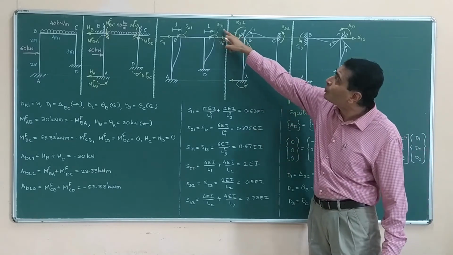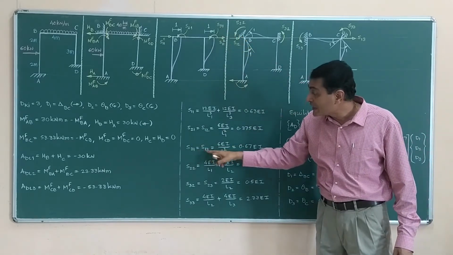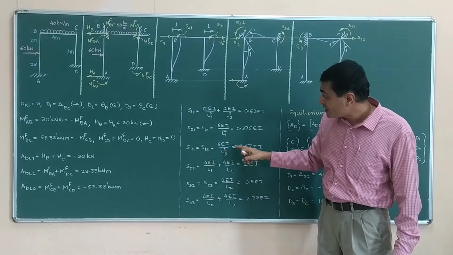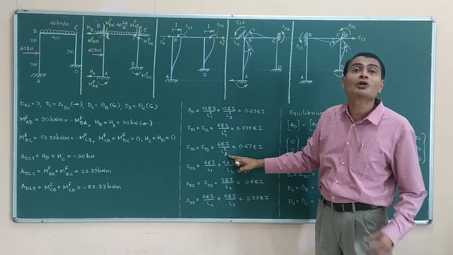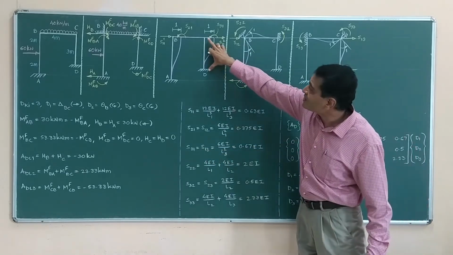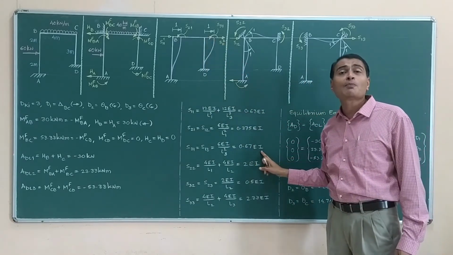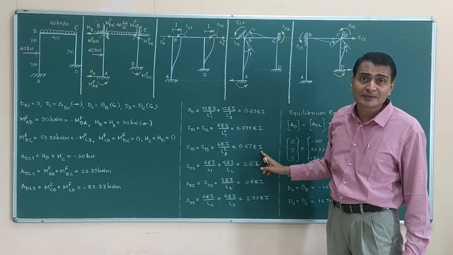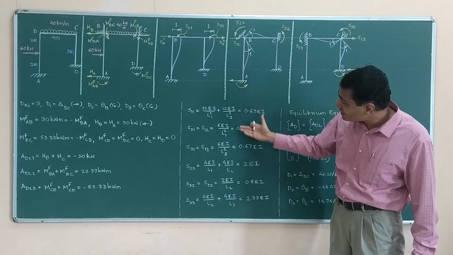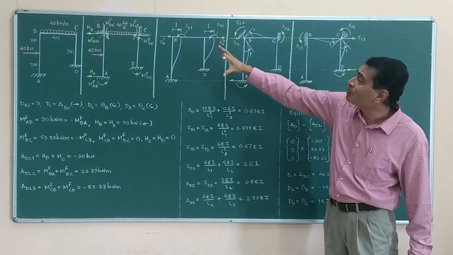And observe the calculation for S31, same as S13, is equal to 6 EI upon L3 square. L3 is this length, so that is 3 meters. If I substitute, I am getting 0.67 EI. So all these parameters are calculated from diagram number 1.